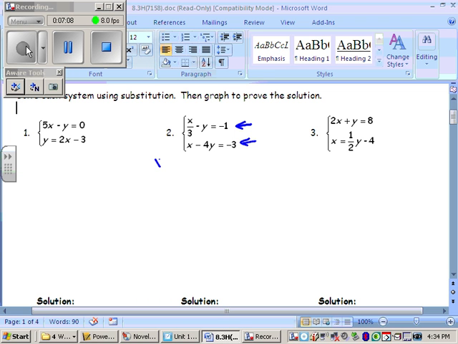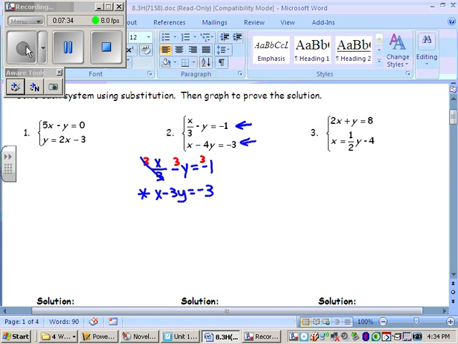So in the first equation, x over 3 minus y equals negative 1. To clear our fraction, we would want to multiply all the terms by the denominator of that fraction. So the 3's would cancel, leaving us with x minus 3y equals negative 3. And this will be easier to use as we go through the substitution process.